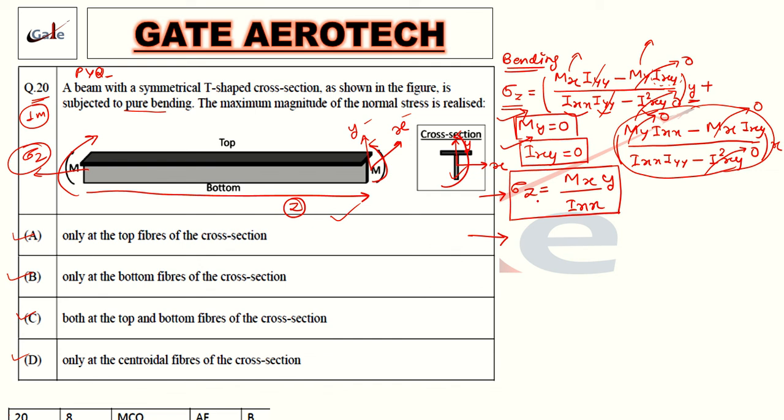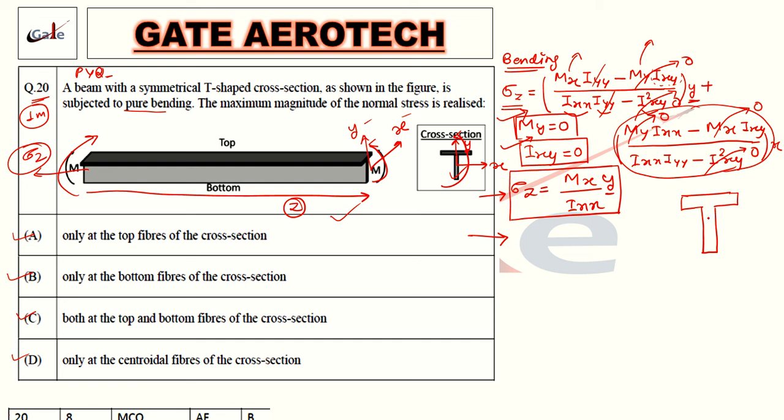Now if you see stress, let me draw that variation also, then you will be able to understand. Now this y, Mx and Ixx, you know this y. Let me tell you, y is the distance from the neutral axis, from the centroid of the system.